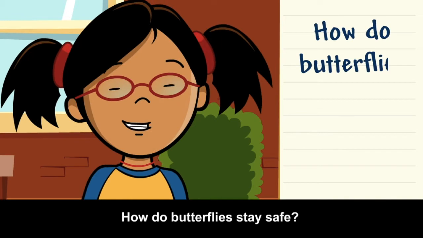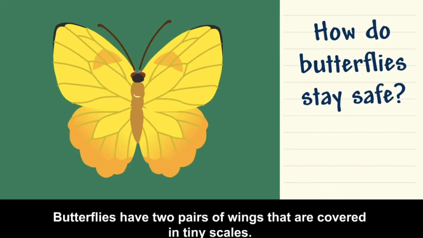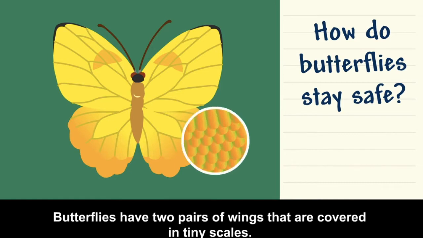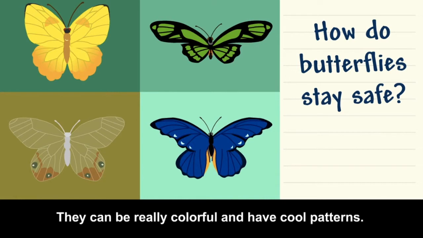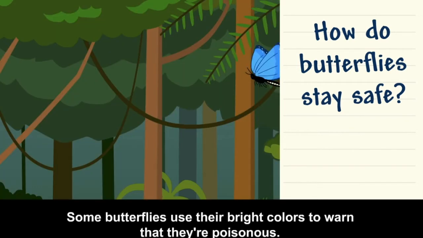How do butterflies stay safe? Butterflies have 2 pairs of wings that are covered in tiny scales. They can be really colorful and have cool patterns. Some butterflies use their bright colors to warn that they're poisonous.